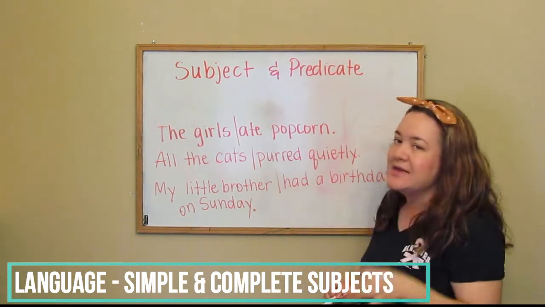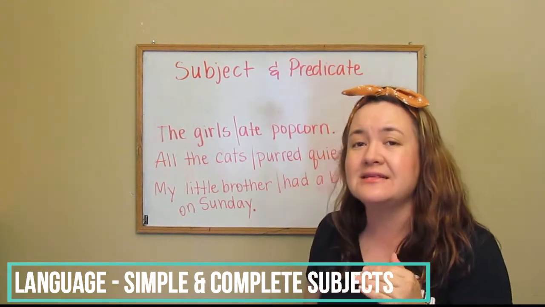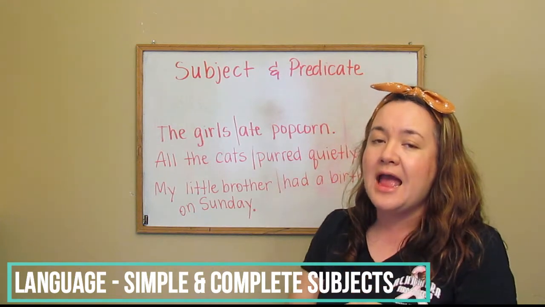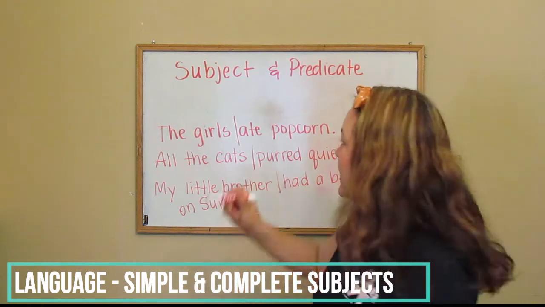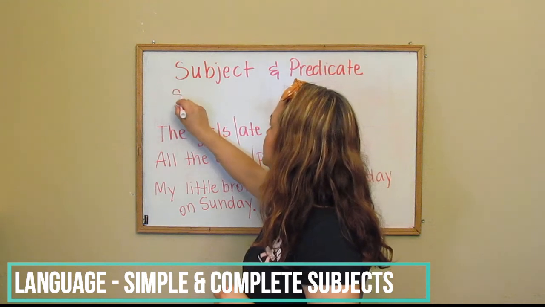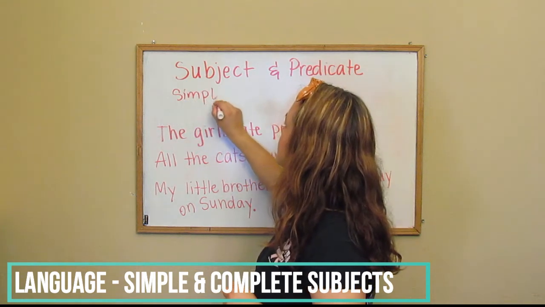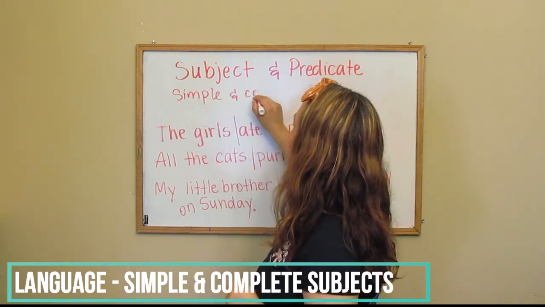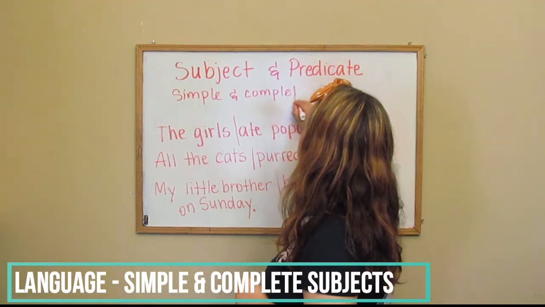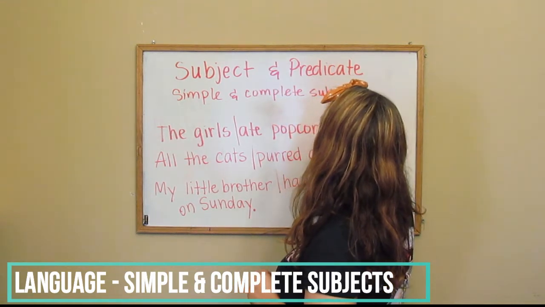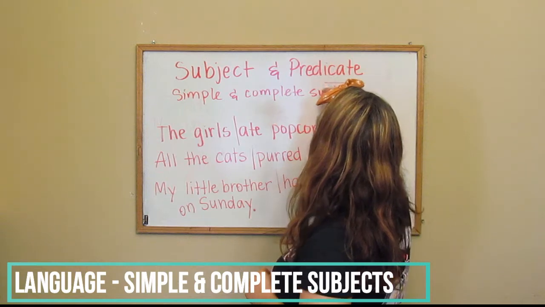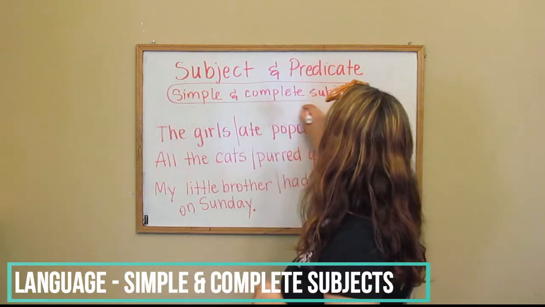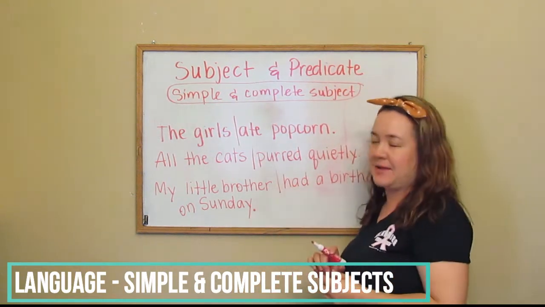Okay, so today's lesson, that's just a review. Today's lesson is actually on the simple and the complete subject, okay? So, simple and complete subject. That's what we're aiming to pick out of our sentences today, okay?